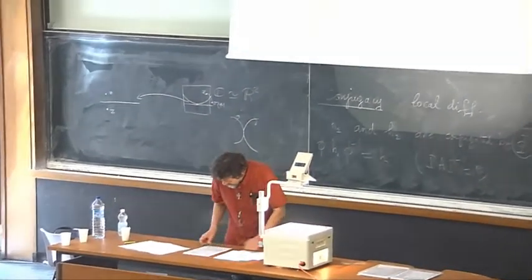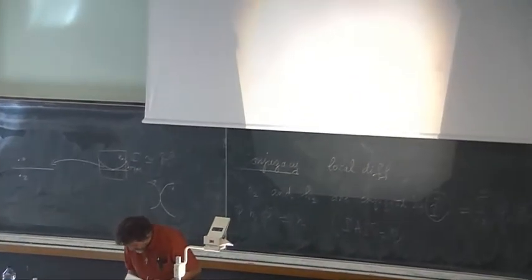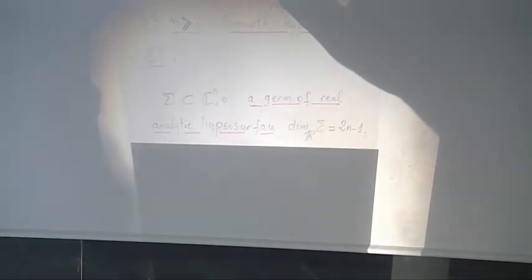Now, I consider dimension 2. Here I take a smooth real hypersurface in Cn, local. And the question is, does there exist a biholomorphism which sends such a hypersurface to a real hyperplane?